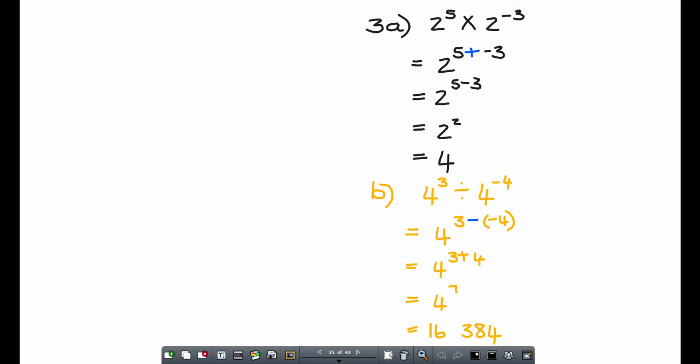We're going to add. So that's why I say 2, so base stays the same, eh? Base stays 2, and then to the power of 5 plus that negative 3. And that will become 2 to the power of 5 minus 3, which gives me 2. And 2 to the power of 2 is 4. But if you maybe stopped there, I would still take it as correct.